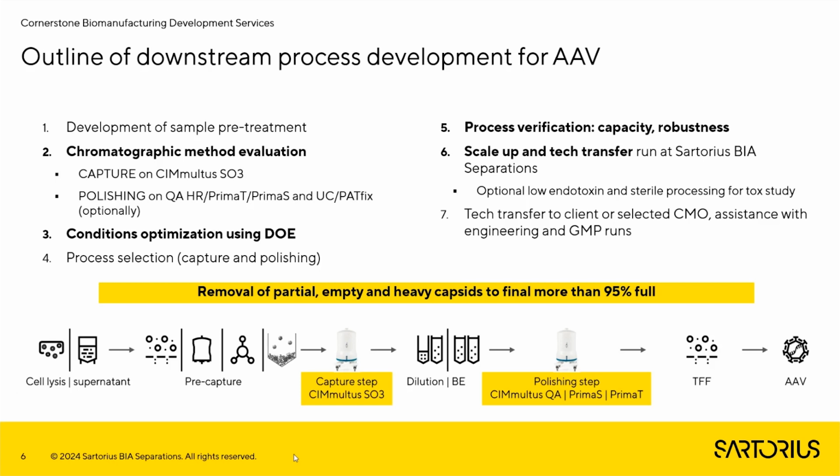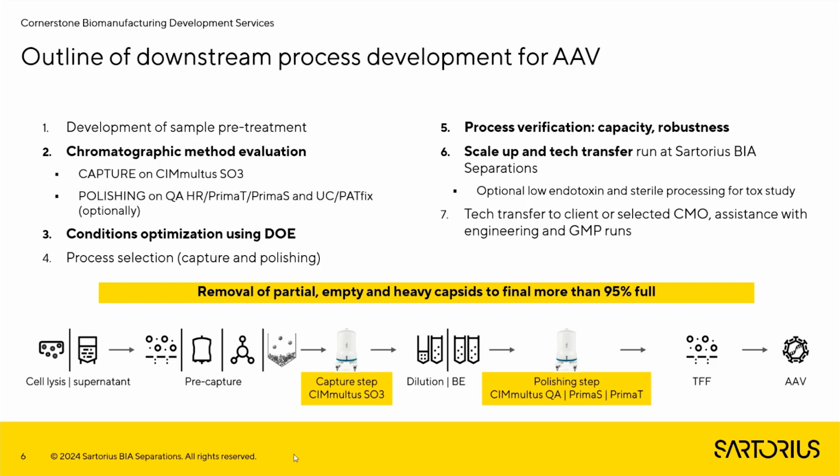Our approach is data-driven, employing design of experiments for condition optimization, followed by process verification, where we define critical process parameters. We also conduct a robustness check to ensure the reliability of the process. Once these steps are validated, we proceed with the scale-up and technology transfer.